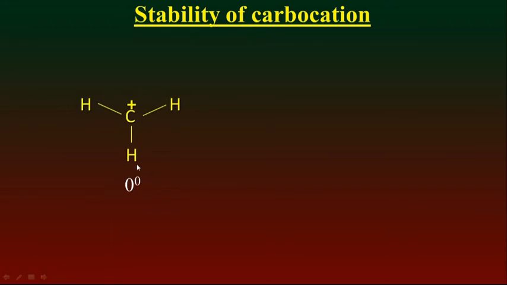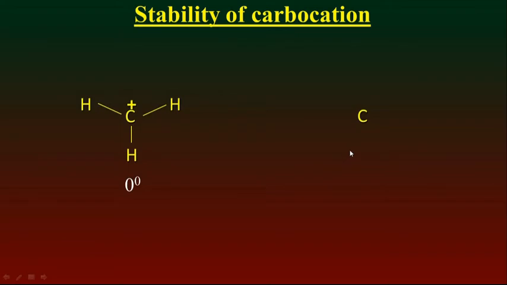Here the carbon atom contains a positive charge, and it also contains 3 single bonds, and we all know that each bond contains 2 electrons, so the total number of electrons around carbon in its outermost shell is 6. So the 0 degree carbocation is obviously in an incomplete octet state.